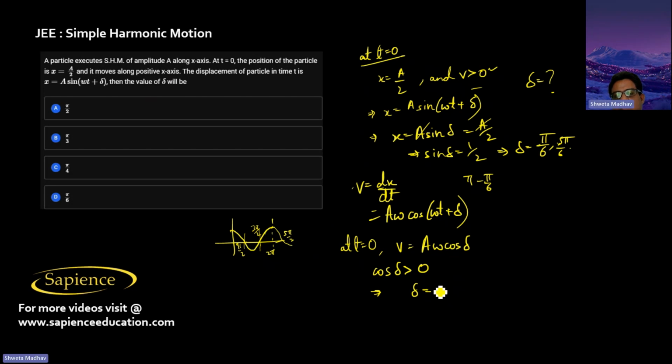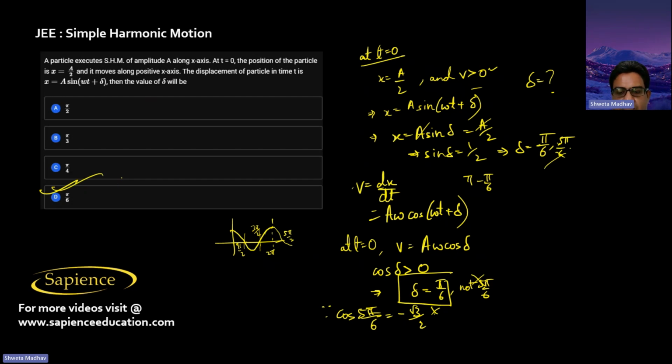So it means that delta should be equal to pi by 6 and not 5 pi by 6, since if it is 5 pi by 6, then cos 5 pi by 6 will be negative, since cos 5 pi by 6 is equal to minus root 3 by 2. So hence we should take the value of delta as pi by 6. Option D is the correct answer.